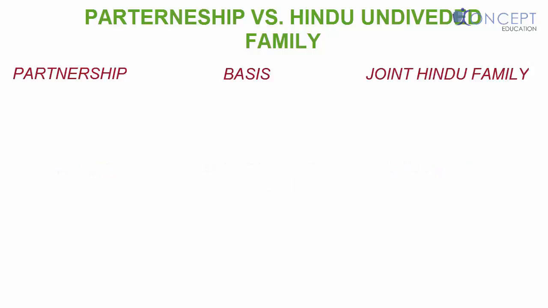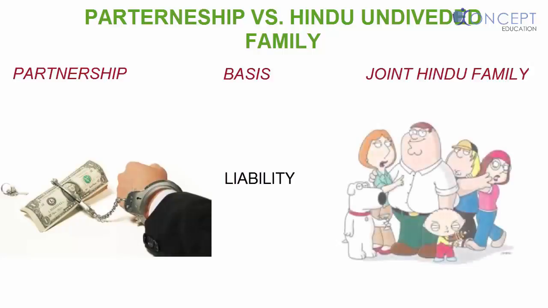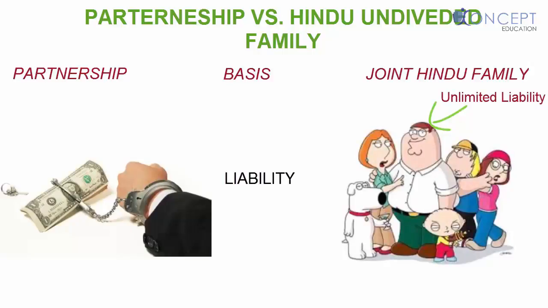In a partnership, the liability of the partners is unlimited. In a Hindu undivided family, only the liability of the karta, who is the main member, the eldest male member, is unlimited. And the other co-partners are liable only to the extent of their share in the profits of the family business.